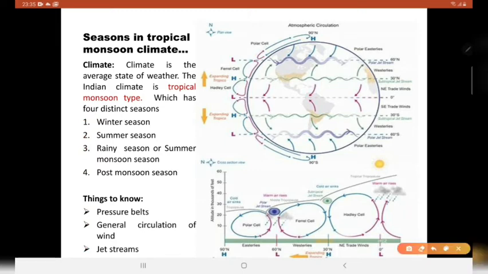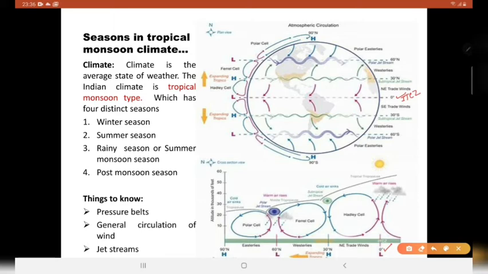You can see here, this is the equator, where the northeast trade wind of the northern hemisphere and the southeast trade wind of the southern hemisphere converge and meet. So, it is also known as the intertropical convergence zone, that is ITCZ.